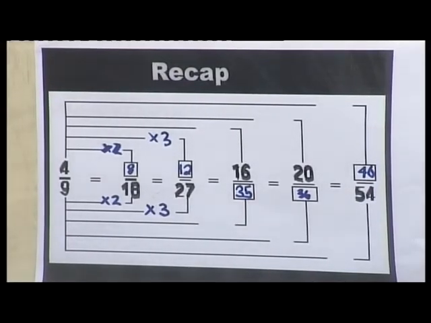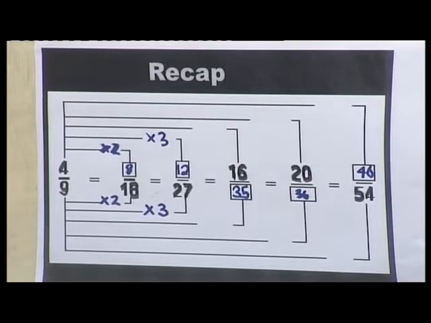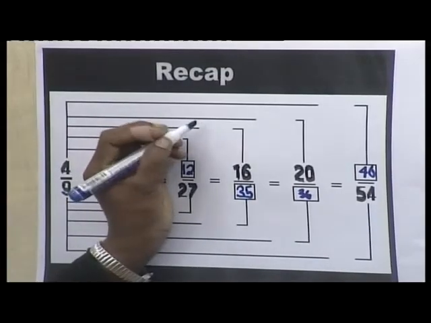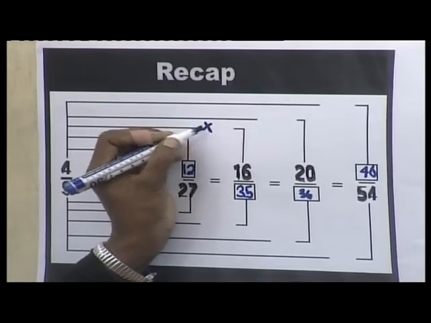16/35. Let's have Or, and then we can make correction from there. Times 4. Okay, let's go through together. 4 times 4 is equal to 16.